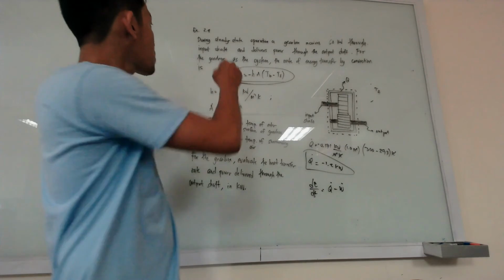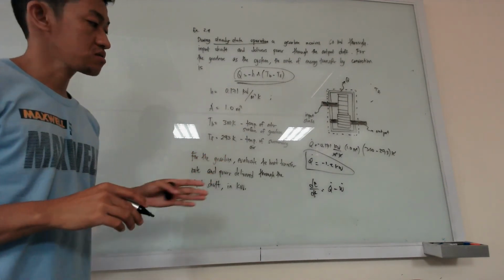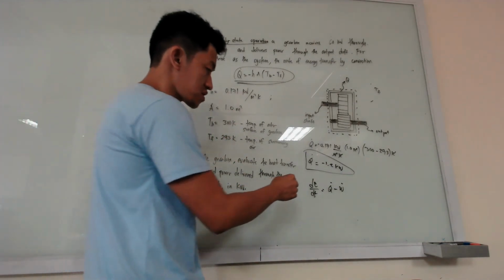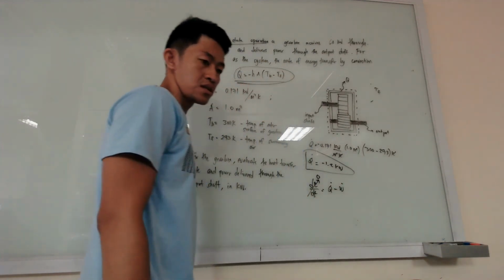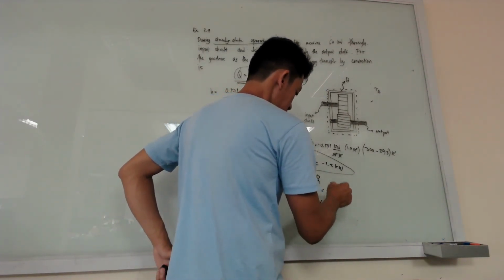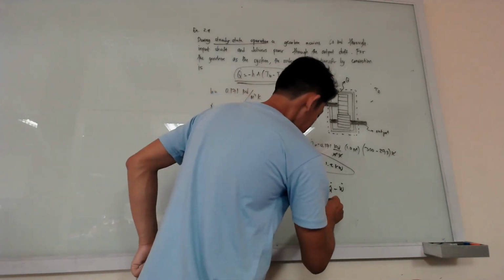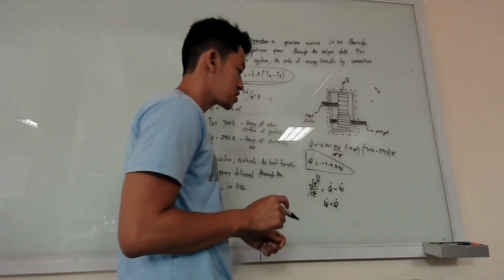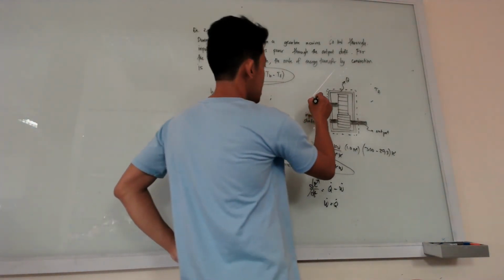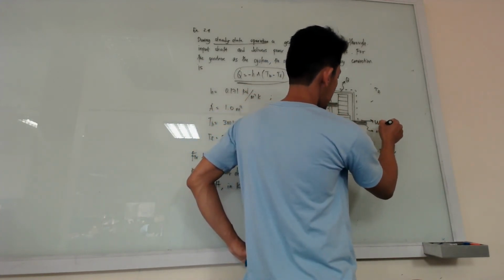Now for a steady state operation, the energy at the initial condition and the final are the same, therefore no change in total energy, so it is zero. Therefore your Q is just equal to work, okay, or your rate of energy transfer by work is just equal to Q. Okay, now there is work in, at the input, and then work out.